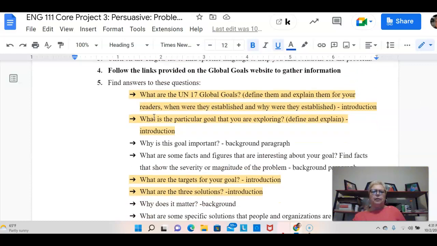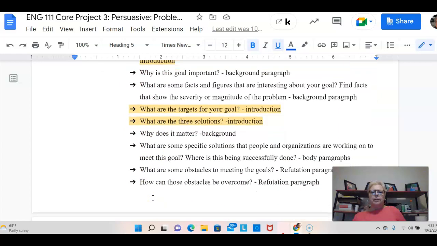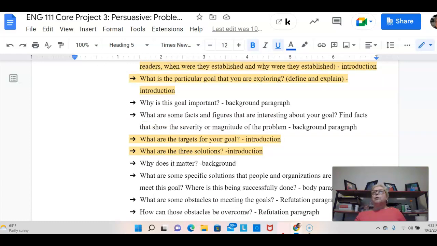I didn't number them because it doesn't really matter as long as you find the information. 1, 2, 3, 4, 5, 6, 7, 8, 9, 10, 11. I think there are 11 questions that you'll need to find the information for. So that's what you're looking for when you're researching. You're looking to find the information that is asked for in these bulleted points here.